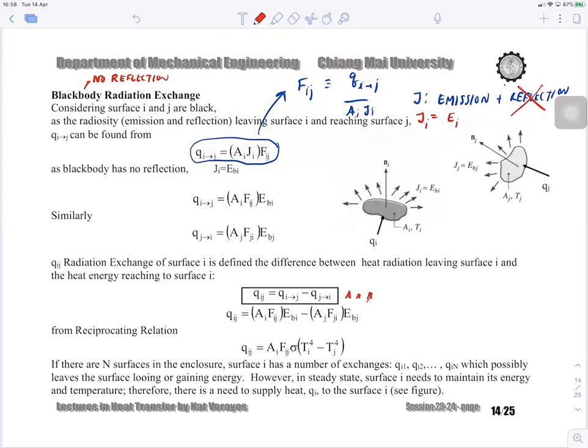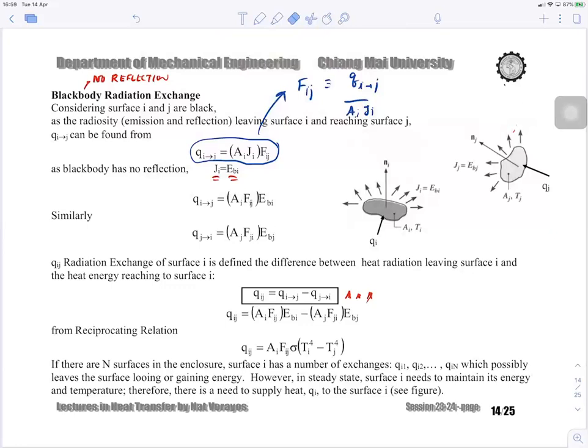So Ji equal to Ei. Remember, for the black body, Ei over here is gonna be sigma Ti to the fourth. And sometimes for the black body, we can call Ei as EBI, right? So this one is EBI. So Ji equal to EBI. Understood? Let me clean it up.